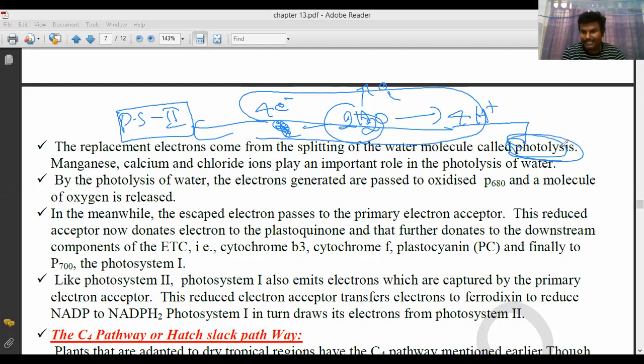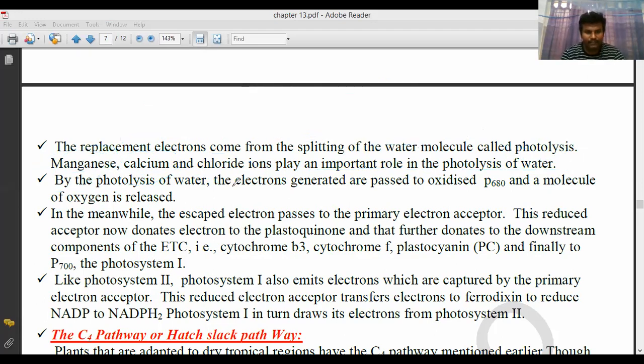So photolysis depends upon manganese, calcium, and chloride ions, which play an important role in the photolysis of water. Already in the 12th chapter, while teaching the topic, I said this. Okay? That's all.